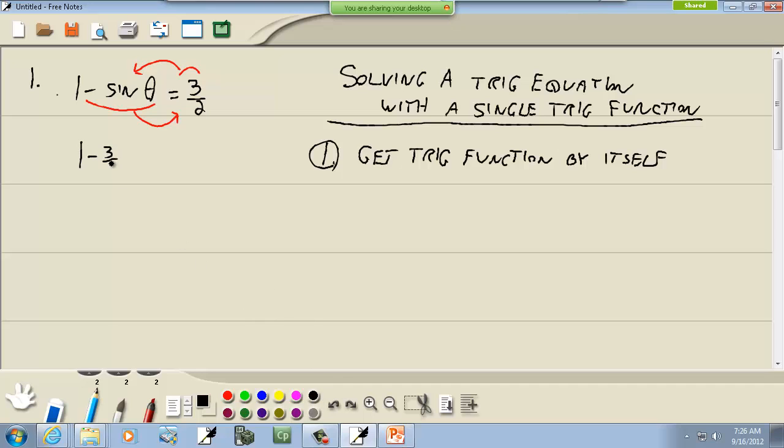So it becomes 1 minus 3/2 equals sine theta. Anything across the equals sign changes. Now 1 minus 3/2 gives us negative 1/2. And we got sine theta is equal to negative 1/2.